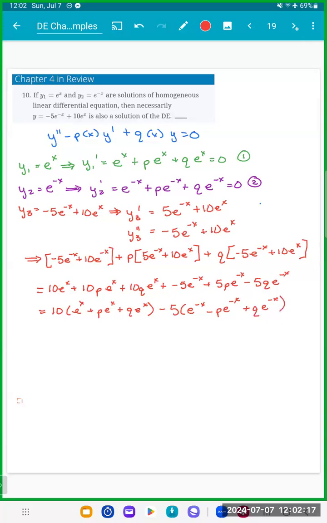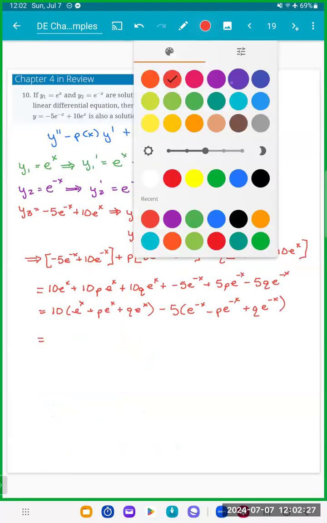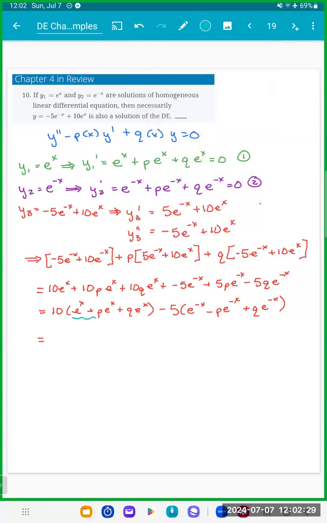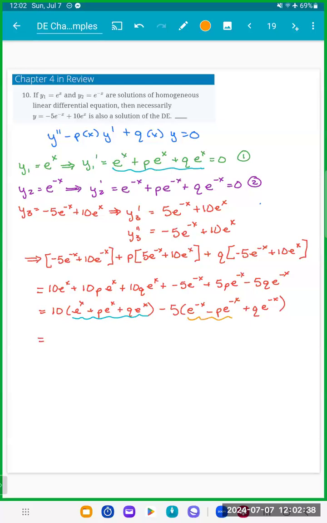Okay. So from equations 1 and 2, and the reason that we did that is if you look at this, this is equal to 0, right? And this is also equal to 0.